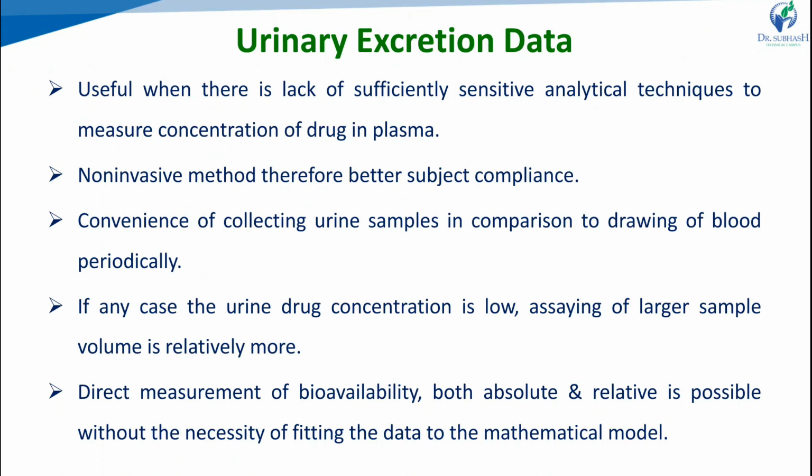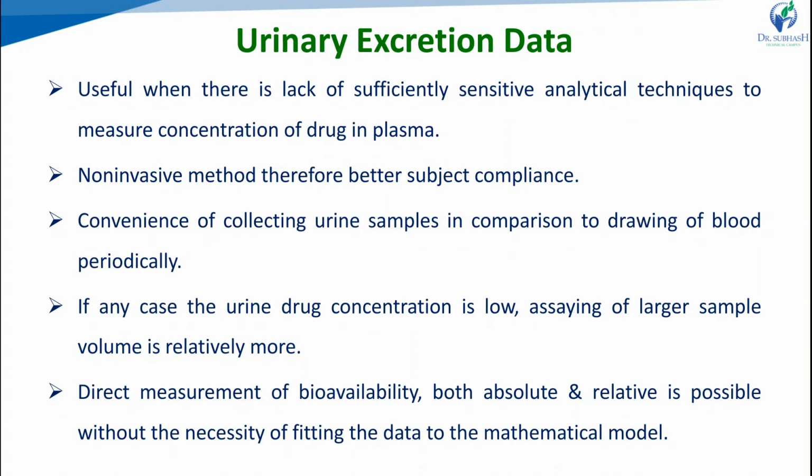The other method is to use the urine sample, the urinary excretion data. Methods that require collection of blood samples after a single dose at regular intervals are sometimes very difficult. In such cases we use the urinary excretion data, in the absence of plasma level time data, as a useful source of information about the kinetics of the drug.